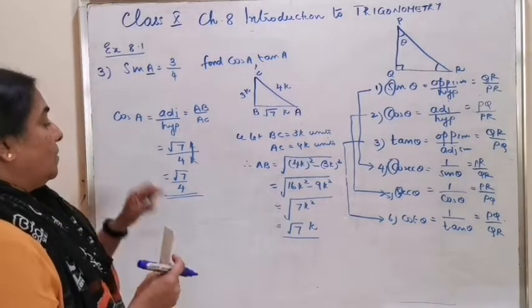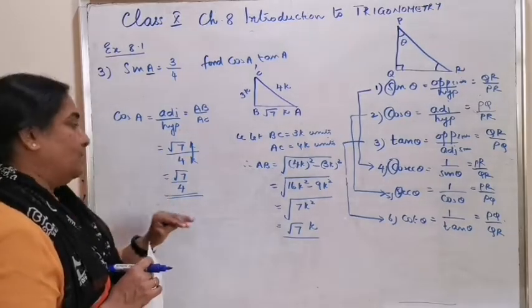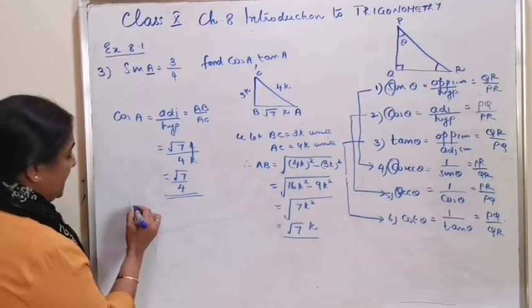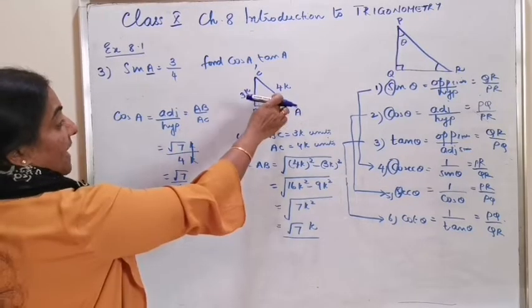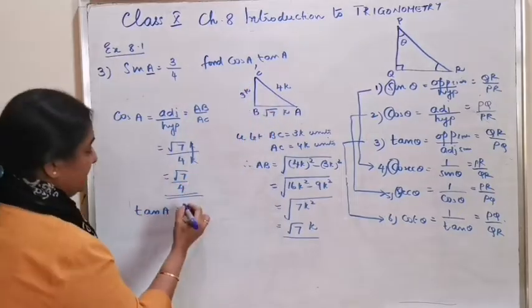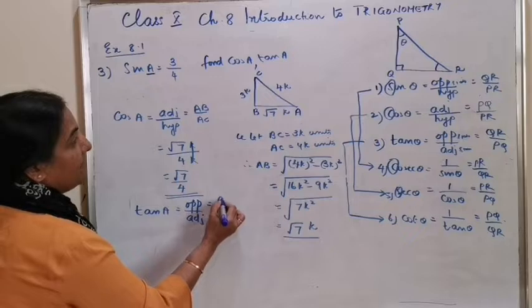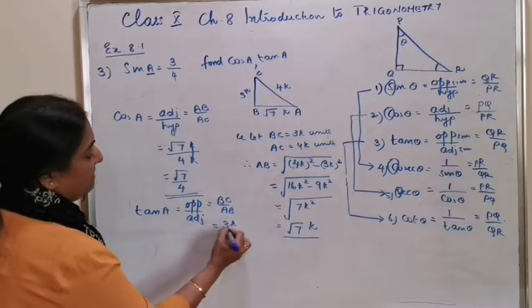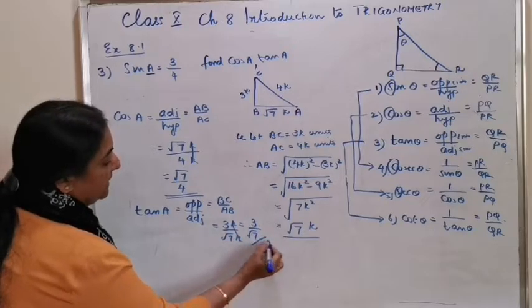That always, since it is a ratio, we must not mention the unit, so the value is root 7 by 4. Tan A is the same as, for angle A, it is opposite by adjacent. It is the same as BC by AB, or 3k by root 7k, or the answer is 3 by root 7.